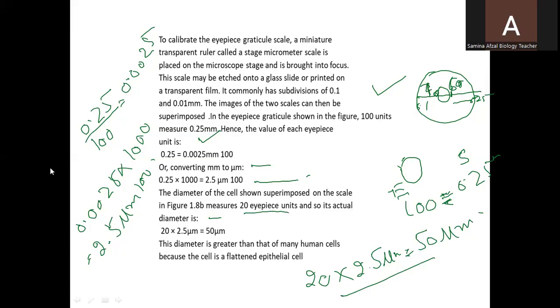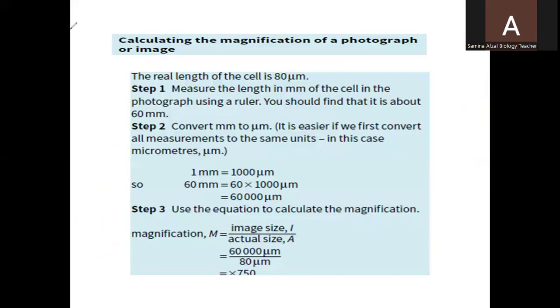Next, I have taken this example from your book, that is calculating the magnification of a photograph or image. This is very simple magnification which you already studied in O levels. In step 1, the real length of the cell is 80 micrometer. Measure the length in millimeter of the cell in the photograph using a ruler. You should find that it is about 60 millimeter.